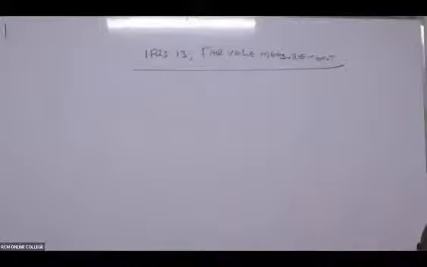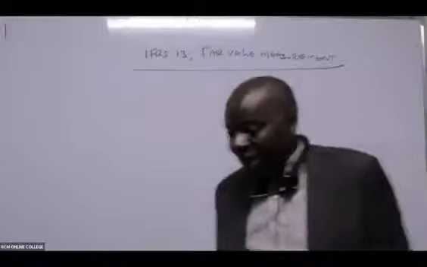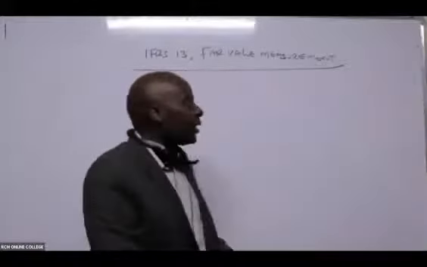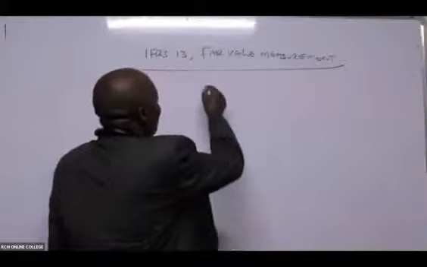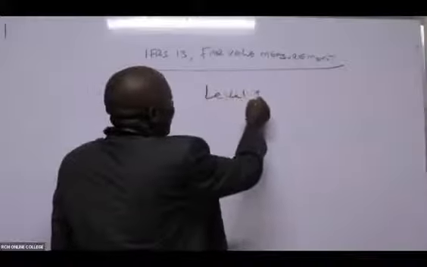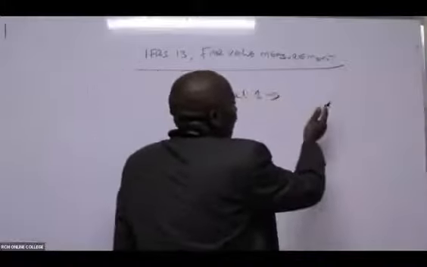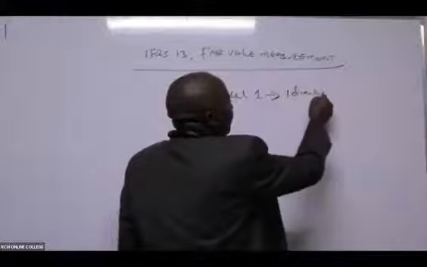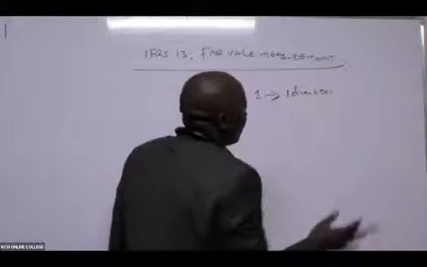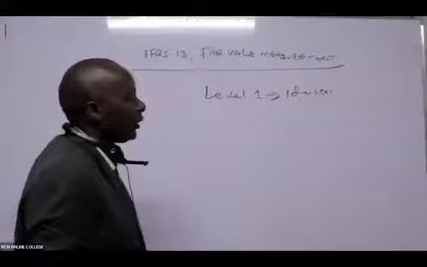If I were you, I would take very sketchy notes. So in terms of a fair valuation, we have level 1. Level 1 is for the Siamese twins, identical in all respects. It happens.